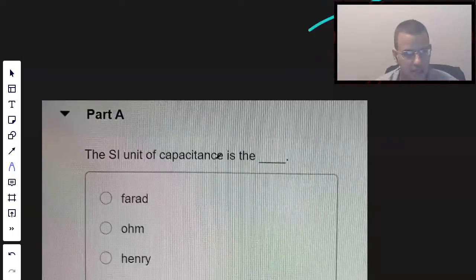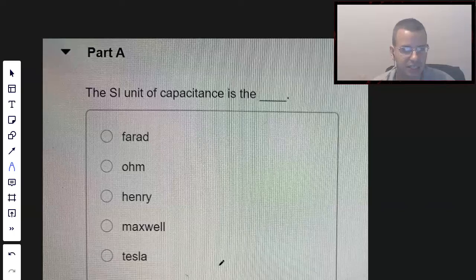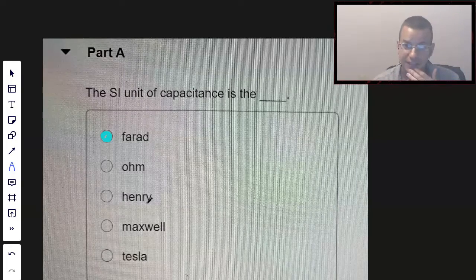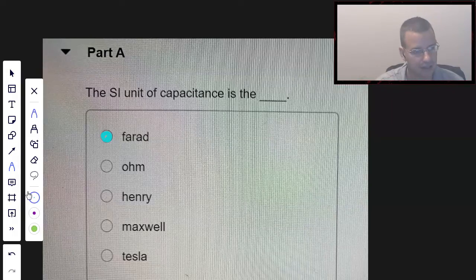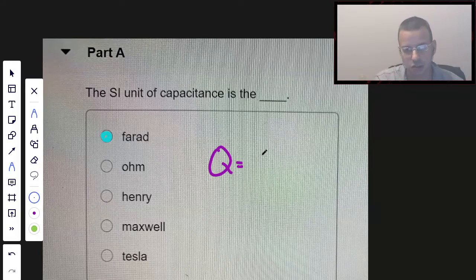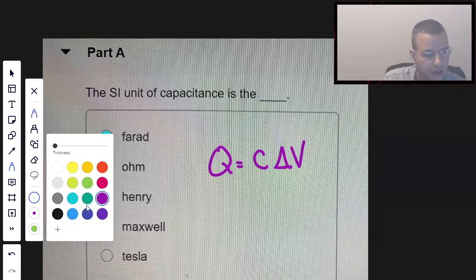All right. Next, the SI unit of capacitance is going to be a farad. This is actually kind of an important thing to get straight. So the formula you're going to use most often for capacitors is Q equals C delta V. I'll write a delta V there to emphasize that it's a difference, but we all know what's going on.